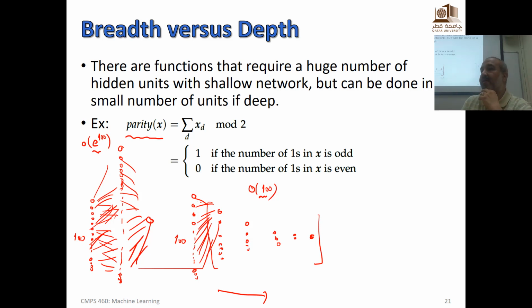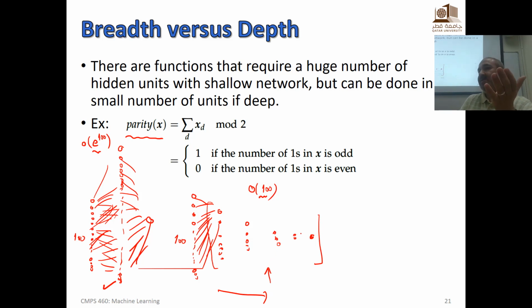How many parameters will we have? Yes, here we have exponential parameters, because if the number of units here is exponential, then the number of weights here is just 100 times that number. So the number of parameters is completely different. It's much more here than here, right?